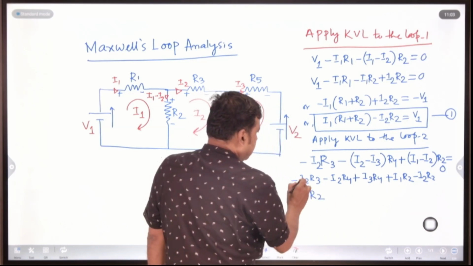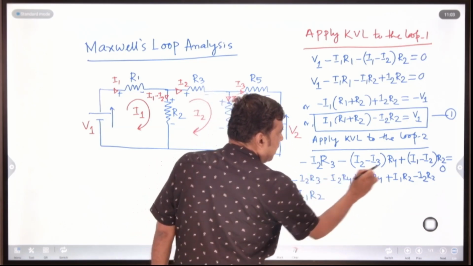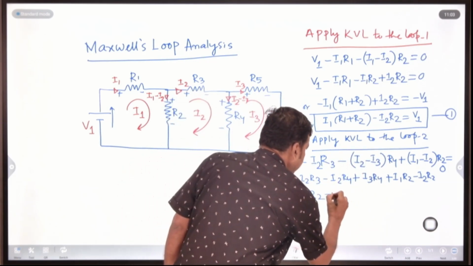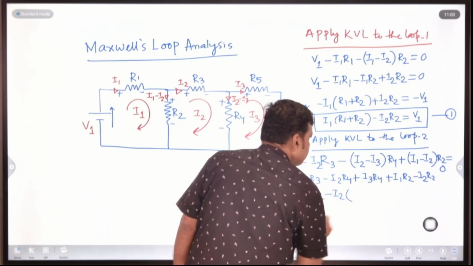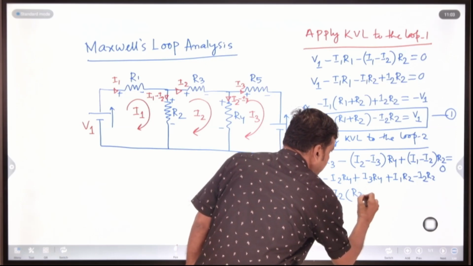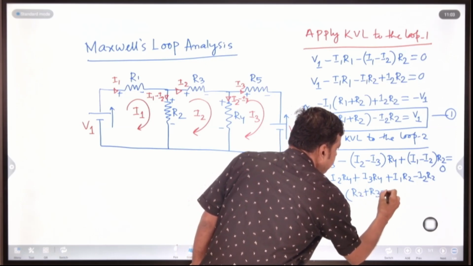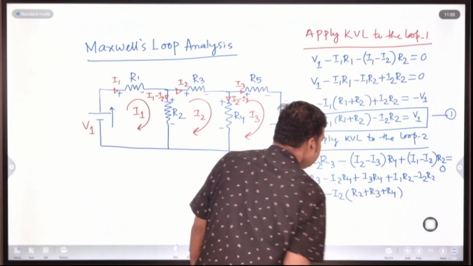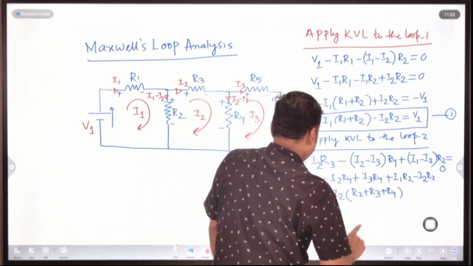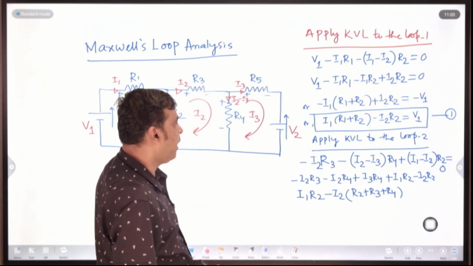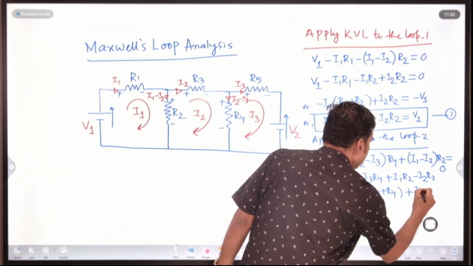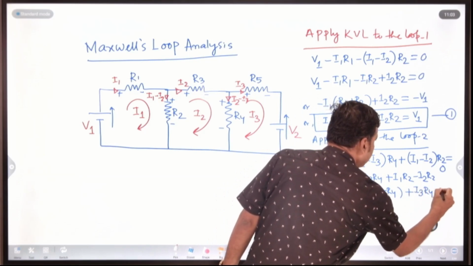Then there are 3 terms containing I2, and taking common minus I2, this is R2 plus R3 plus R4, then plus I3 R4 equal to 0.